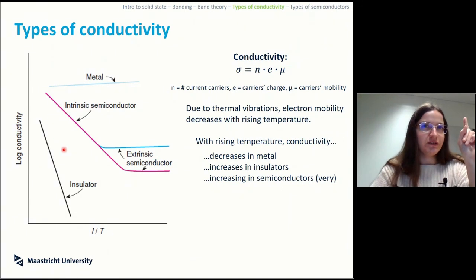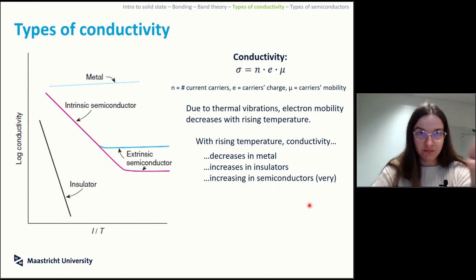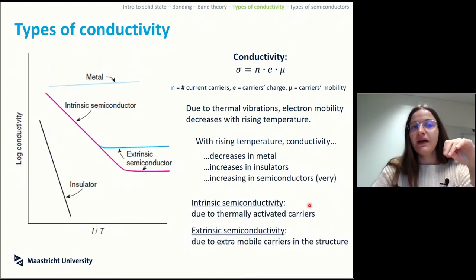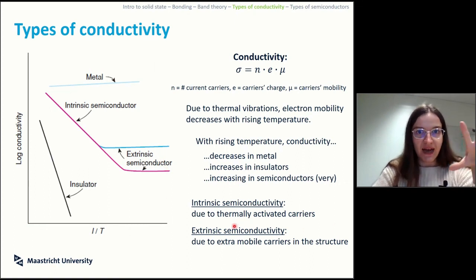But in semiconductors, then it's a huge business, because if you increase the temperature, semiconductors just go, you call it a day. And you can see here that you actually split in two possible behaviors that start at two different conductivities in a lower temperature regime. So in intrinsic semiconductivity, the carriers that you want are just activated by temperature.